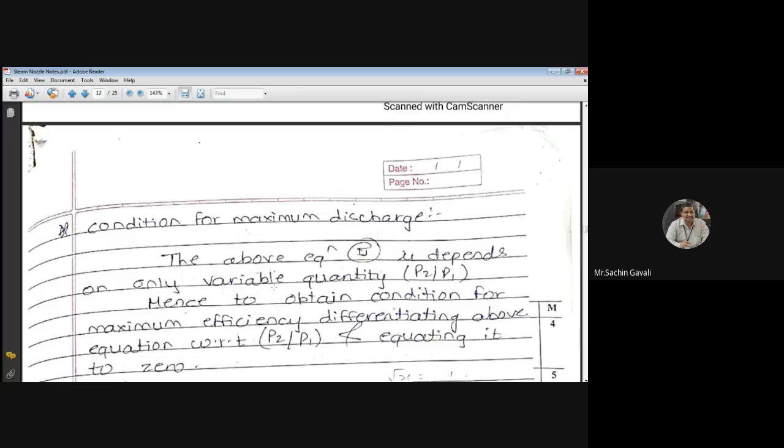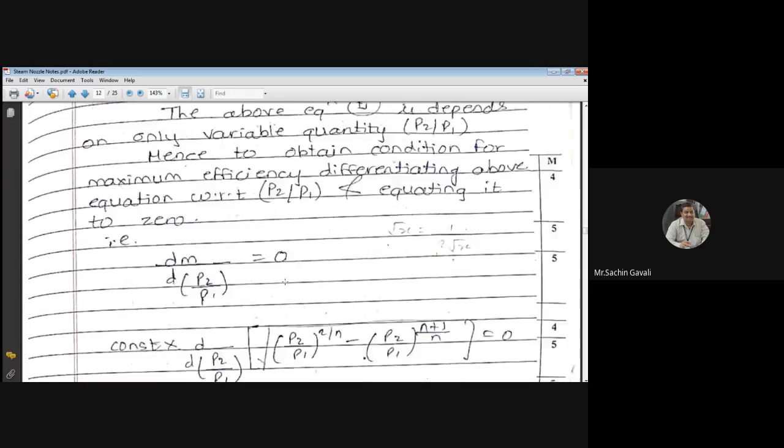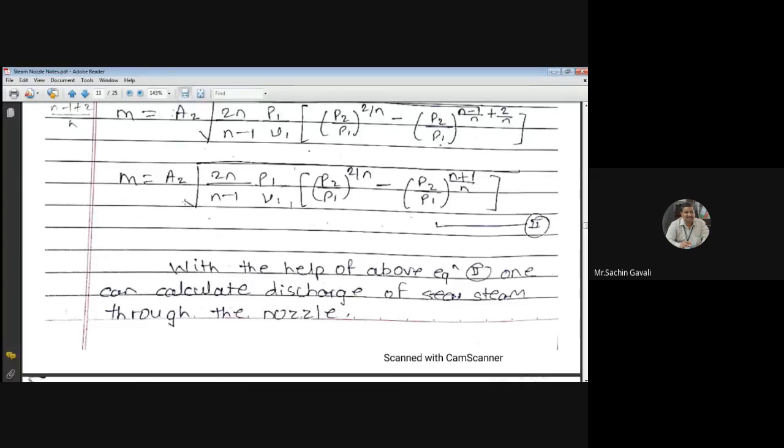Now here we want to calculate the condition for maximum discharge. For that, the mass flow rate equation or discharge equation of the nozzle is equal to what?